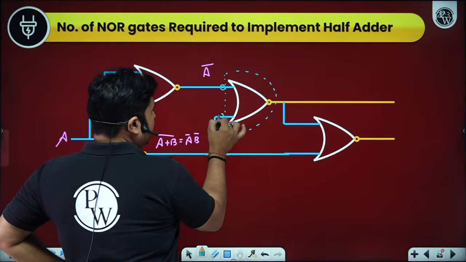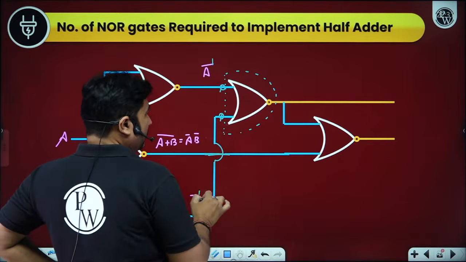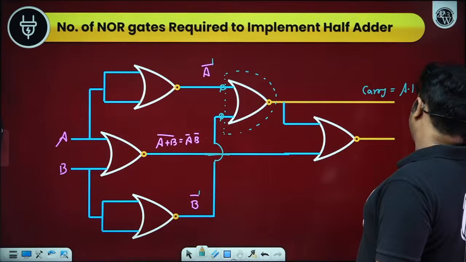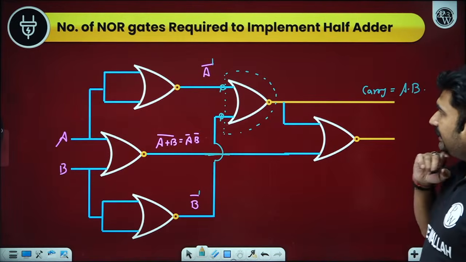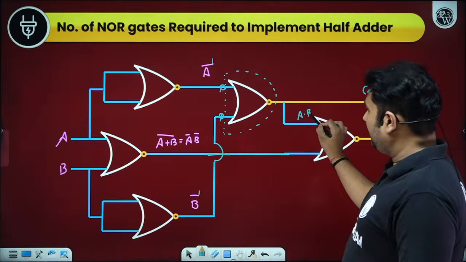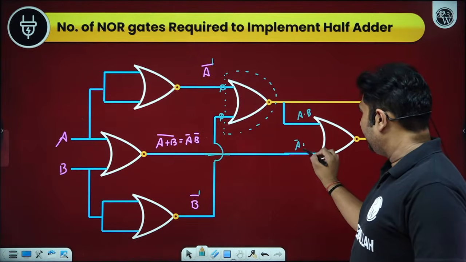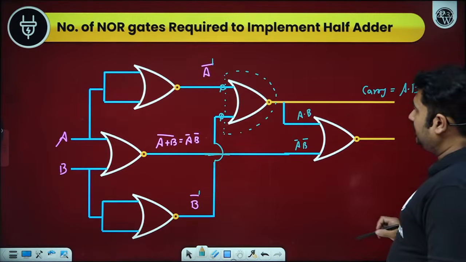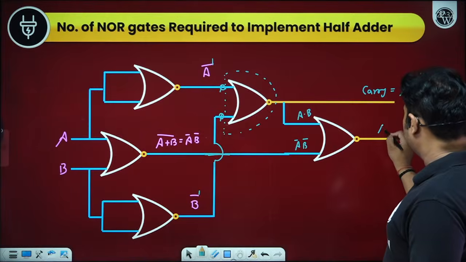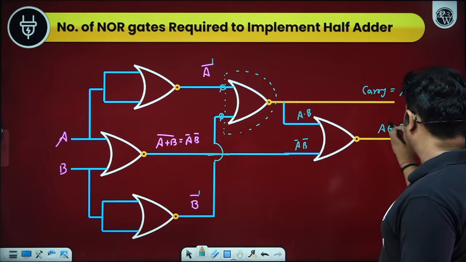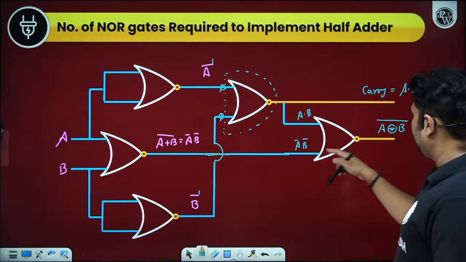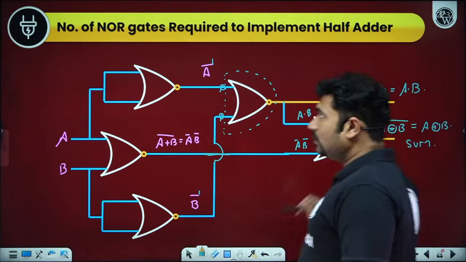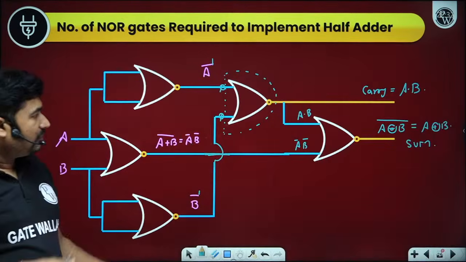So this bubbled AND gate will cancel these bars, and we have carry. Carry is A dot B. Is it okay? And as well as we have A dot B here, and we have A bar, B bar here. Yes, sir. And we all know this is a NOR gate. So a NOR gate is representing A XNOR B whole complement, because we have AB bar. So that is A XOR B only. That is sum. So 5 NAND gates or 5 NOR gates are required.